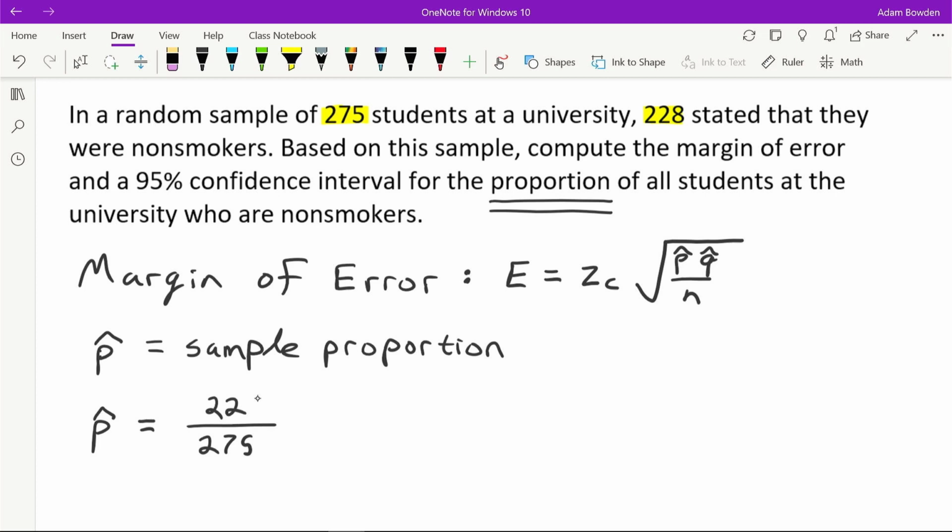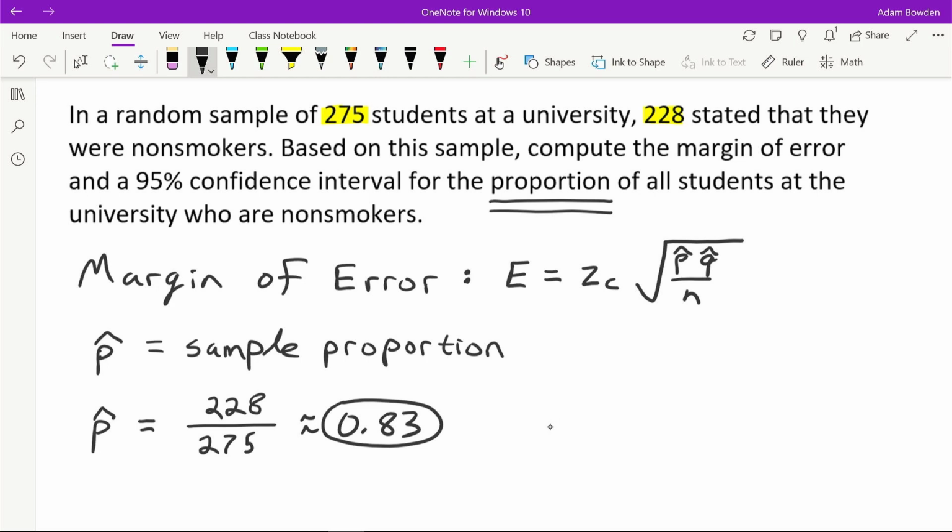And the answer to the question here stated that they were non-smokers specifically here. So if we take 228 divided by 275, we're going to get the sample proportion of respondents for that particular question. So when we divide to a decimal here, we're going to round it to 2 decimal places and get 0.83 for our sample proportion.